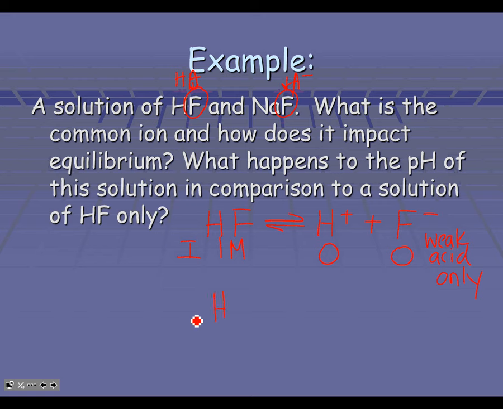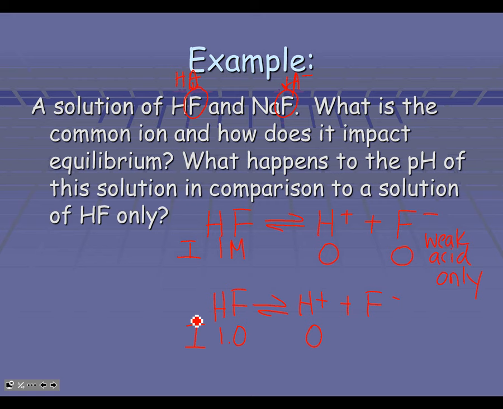The equation's going to start the same way. It's going to start with a dissociation of the weak acid. But what happens is the ICE part changes a little bit. If this is 1 molar, we don't have any of this, but let's say we have 1 molar sodium fluoride.